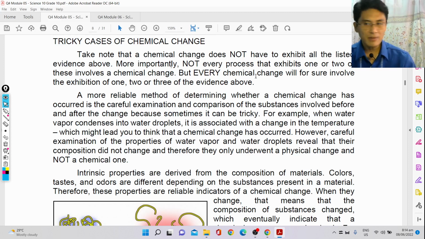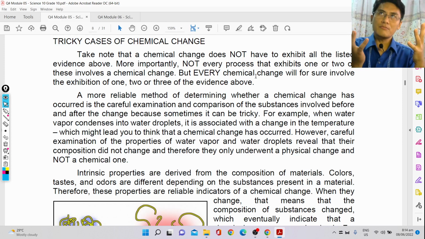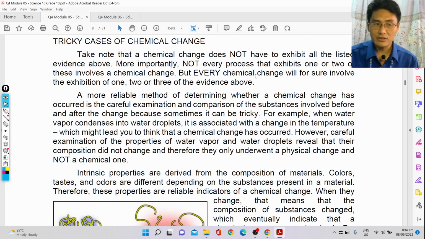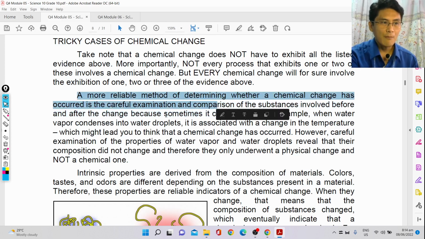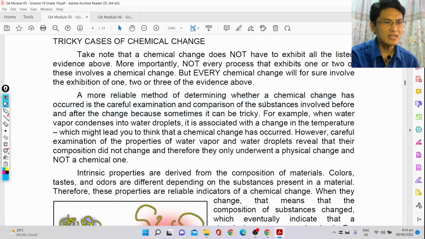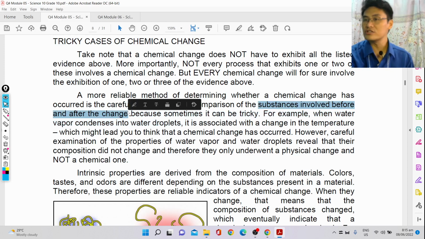Because if something happens and it doesn't exhibit any of the evidences, for sure it's not a chemical change. But if it exhibits them, the chances of it being a chemical change would increase. But again, it's not a surefire way of doing that. So what do we suggest then? A more reliable way of determining is really to examine and compare the substances involved before and after the change.